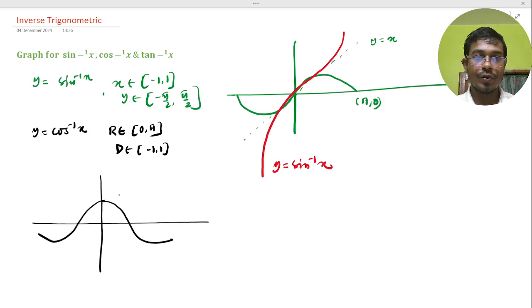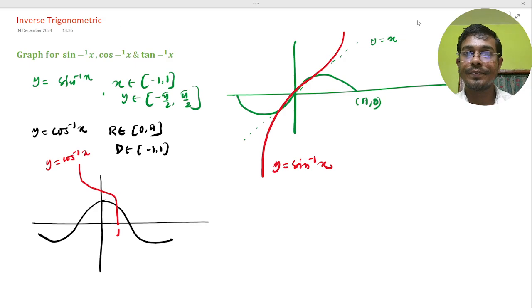So this one is cos x, and for cos inverse x the graph would look like that, this type of graph. This is 1, and this is for y equal to cos inverse x. Similar for the other coordinate.